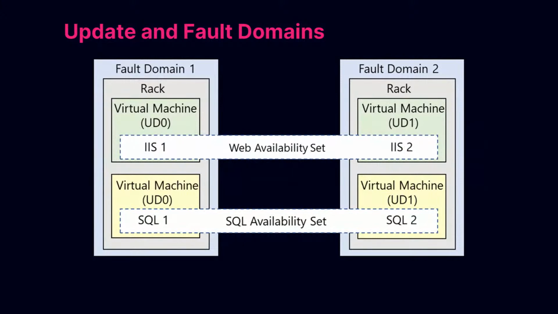So what Azure provides you is, first of all, what they call an update and fault domain. What that really means is that Azure already has built-in web availability sets that you can configure.